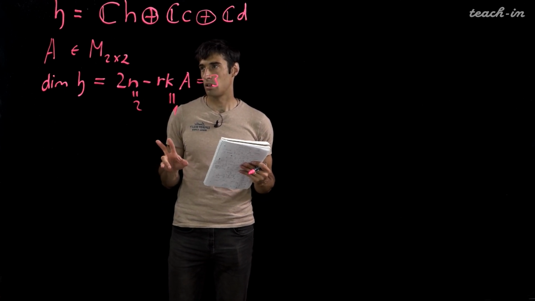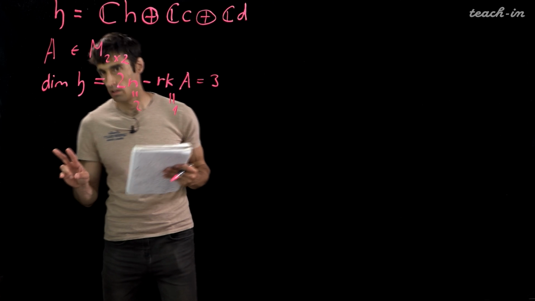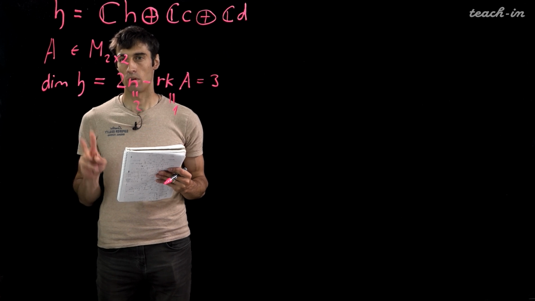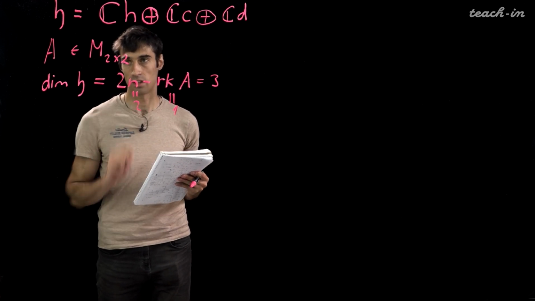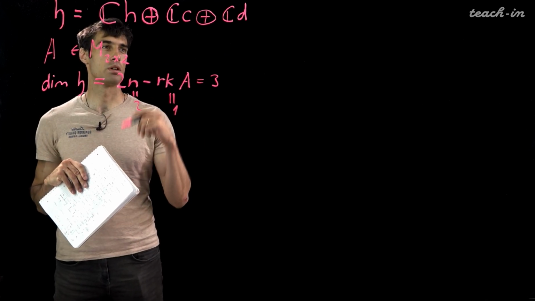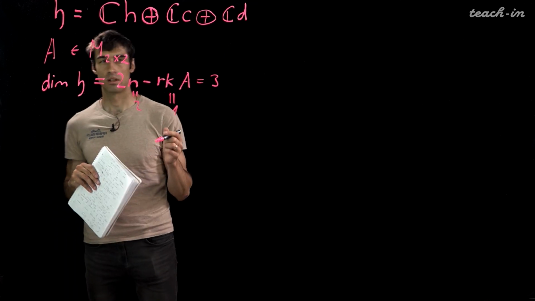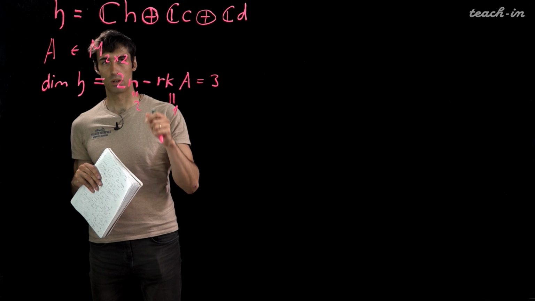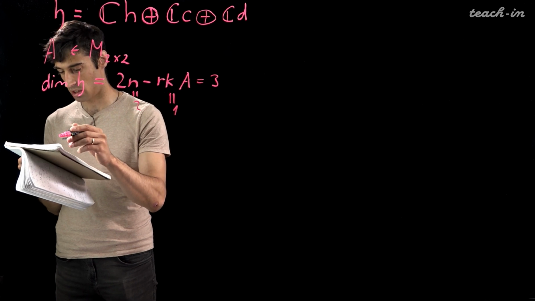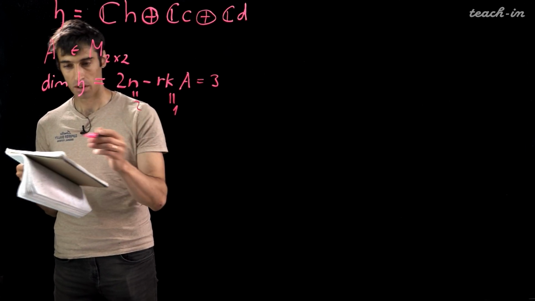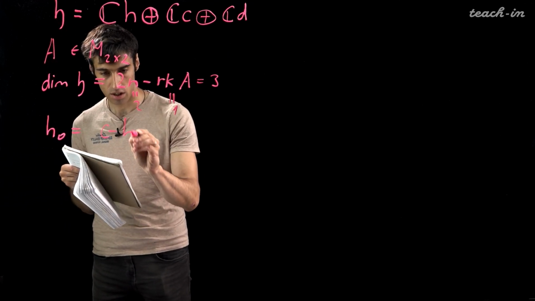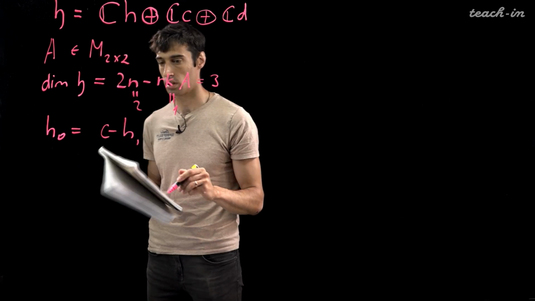Aside from this vector space, I need to give you a linearly independent subset of vectors in H of size n, right? So I need to give you two elements. In the previous lecture, we had the numeration H1 and H2, but I would rather label them as follows: H1 and H0. So H0 will be C minus H. It's an element in this vector space.